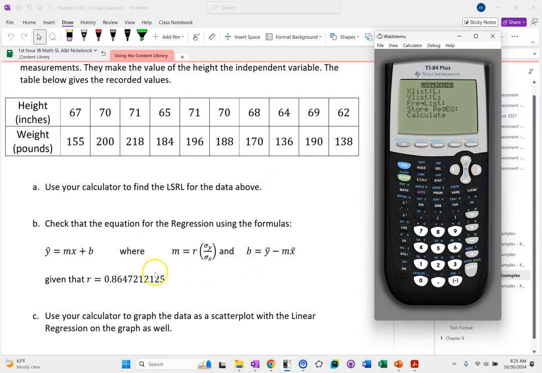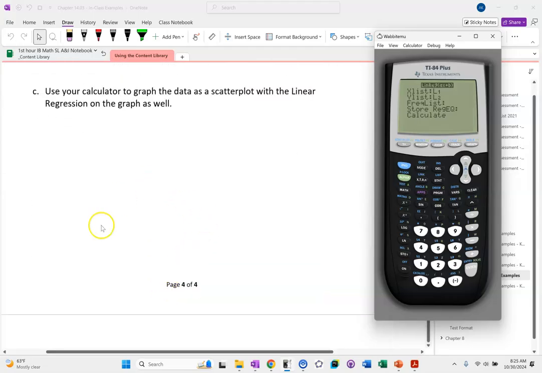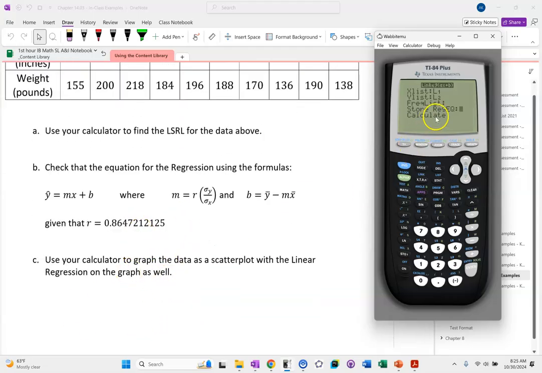If I'm going to be asked to make predictions, notice that it doesn't ask me to do that. But if it was asking for a prediction, I'd also want to store my equation into Y1. To do that, I just press the Vars button, go over to Y-Vars, pick Function, and then pick Y1.